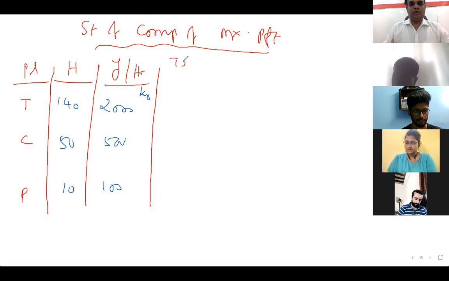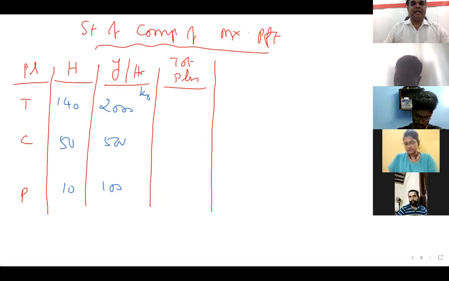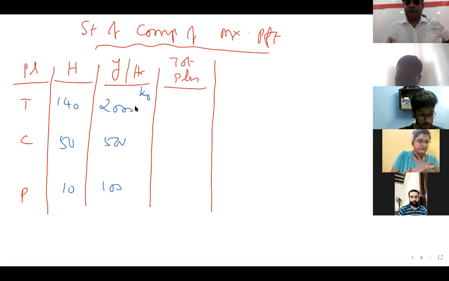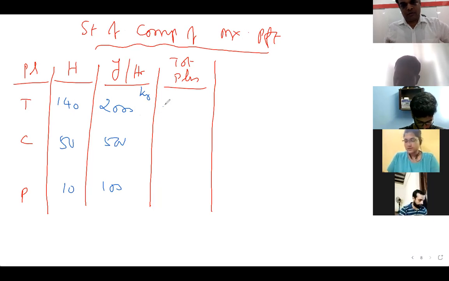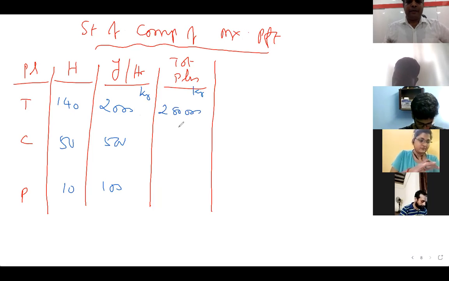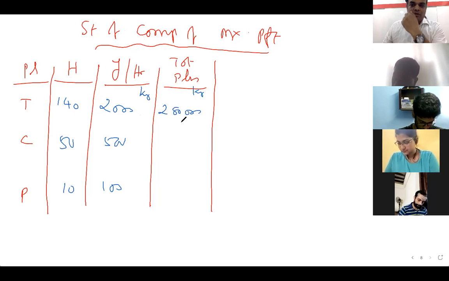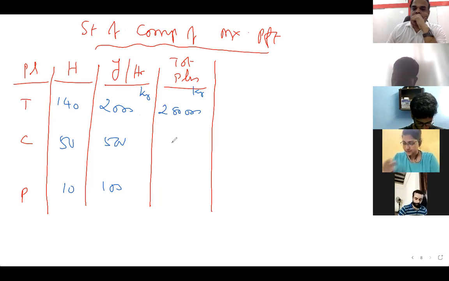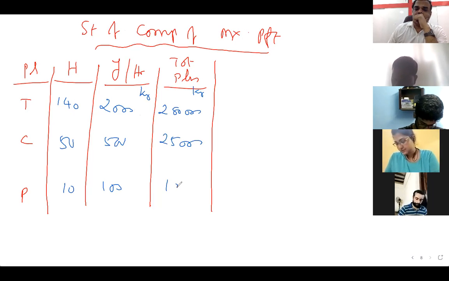Therefore, I can produce 200 kg per hectare. 140 hectares I have utilized. 140 into 2000 is equal to 280,000 kgs of tea I can produce. 500 into 50 is equal to 25,000.